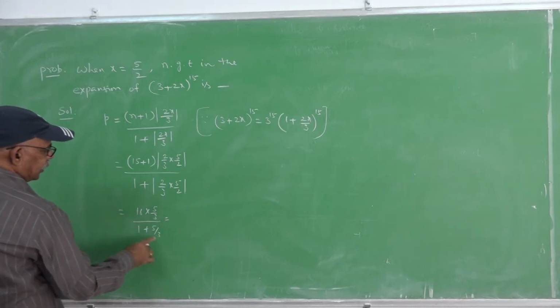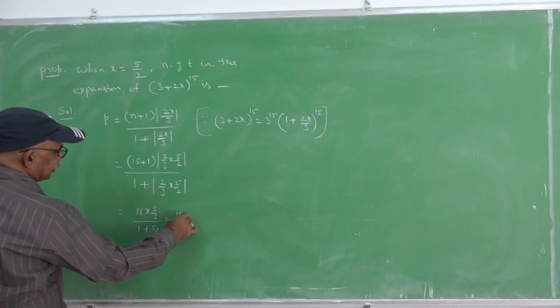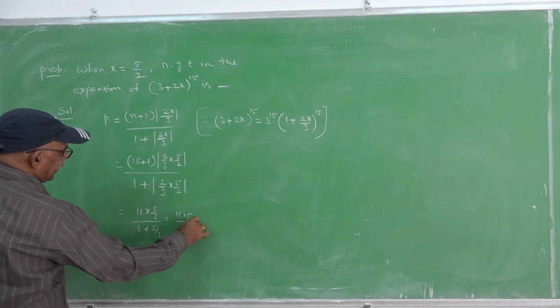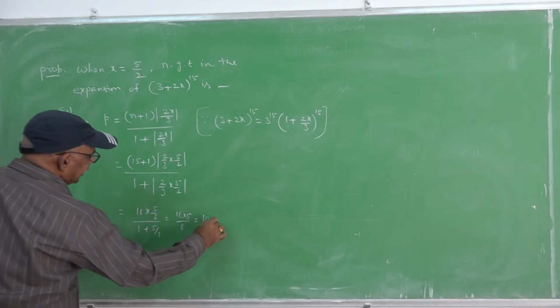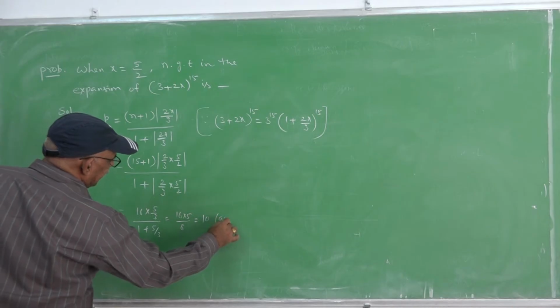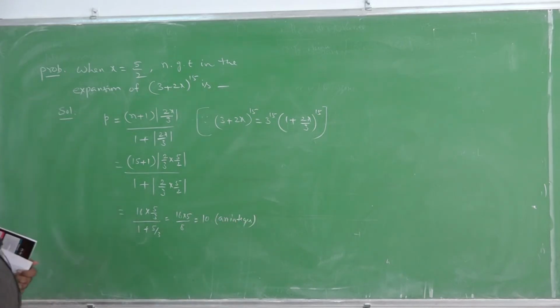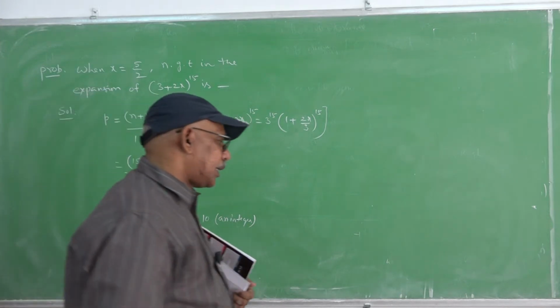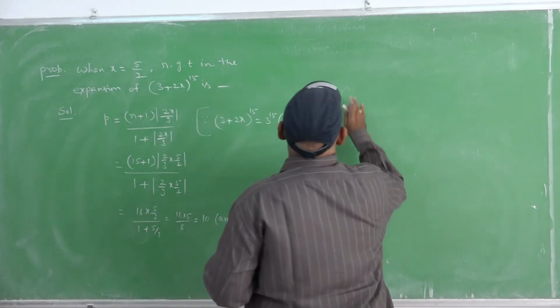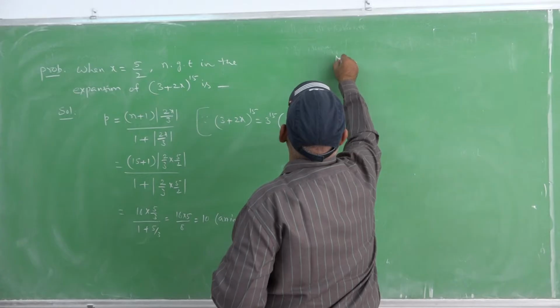On simplification we get 16 into 5/8, which is 10, an integer.